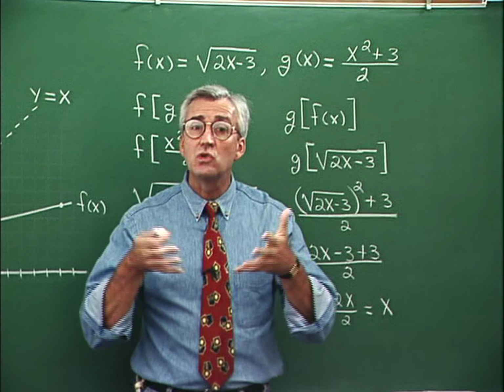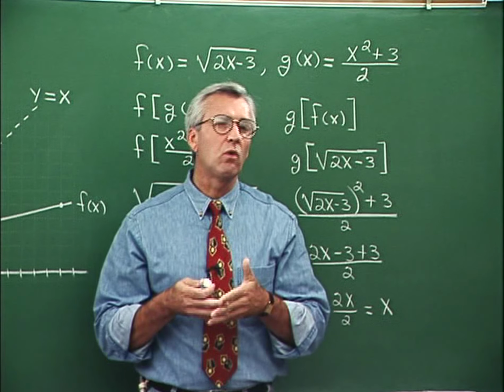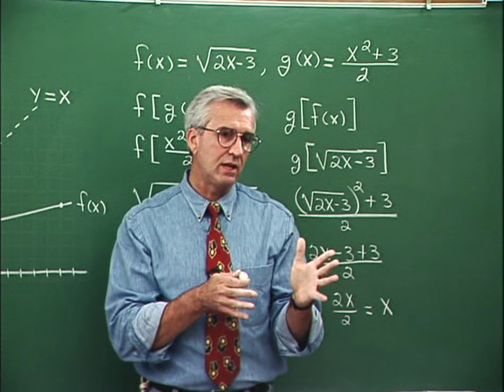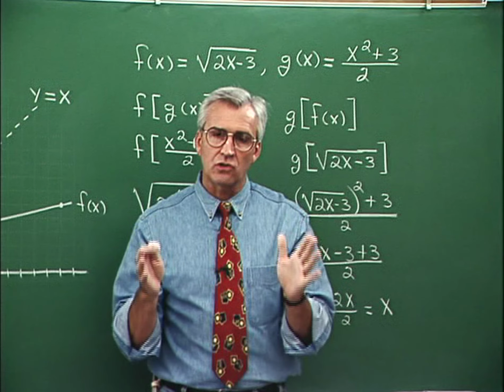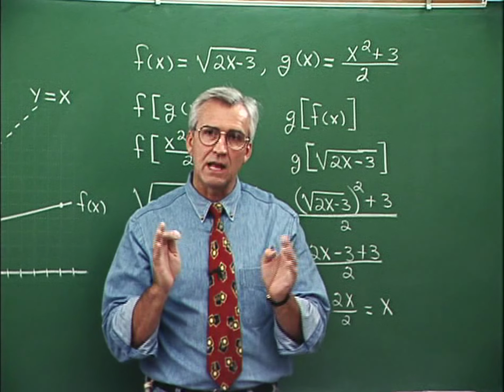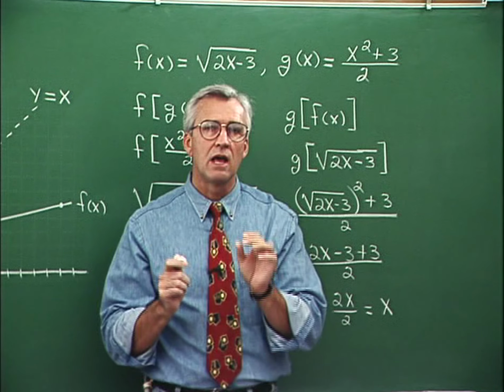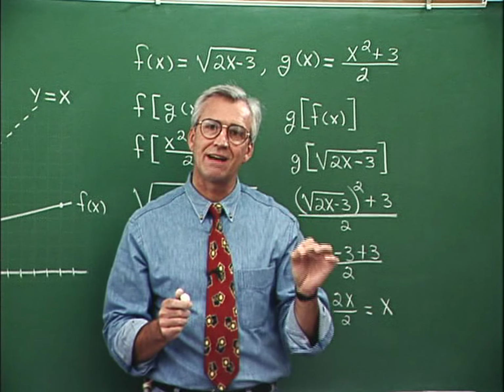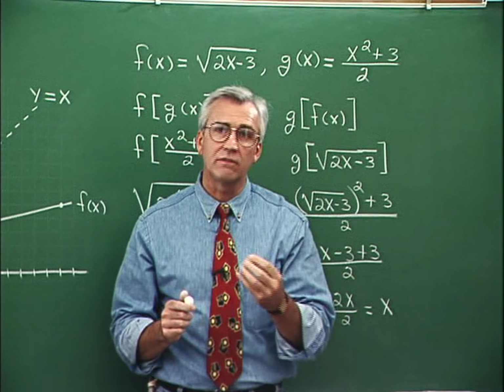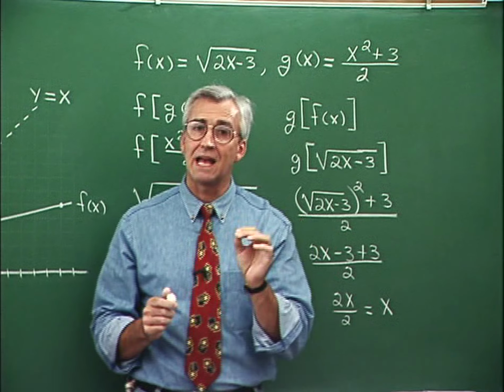That is, compose the two both ways. That is, if one of them is designated f of x and the other is designated g of x, then to determine if f and g are inverse functions, calculate f of g of x and calculate g of f of x. And the result of either of those should be x.